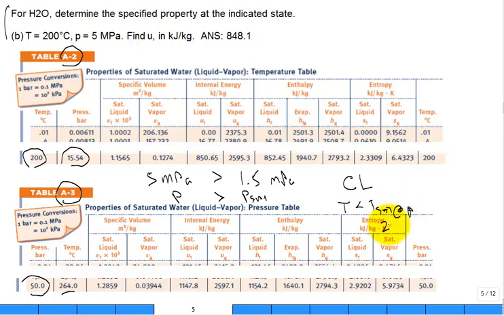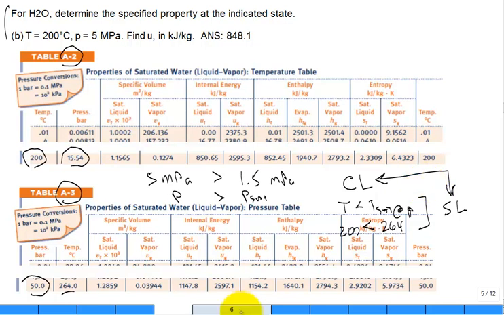Again, the number 264 is greater than the 200, hence we would conclude that this is subcooled liquid. Same, subcooled liquid, compressed liquid, either way, it's not close to saturated liquid, it's compressed liquid.